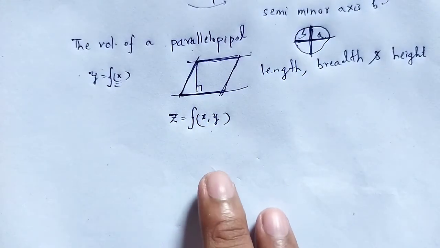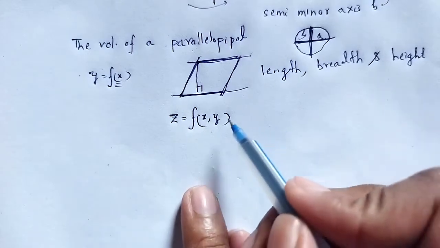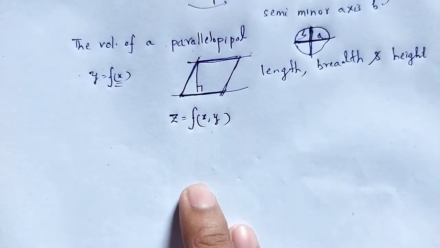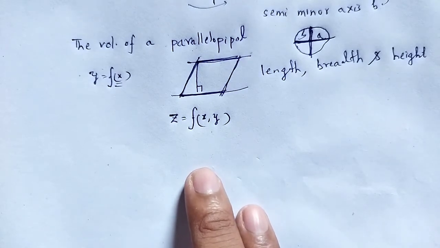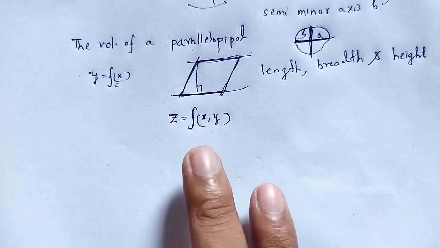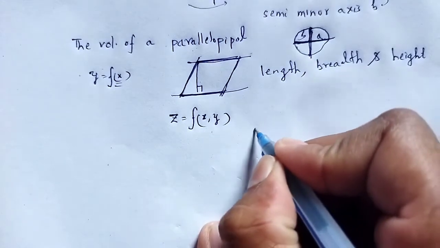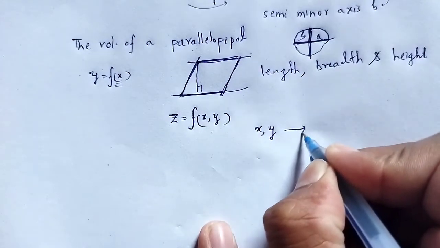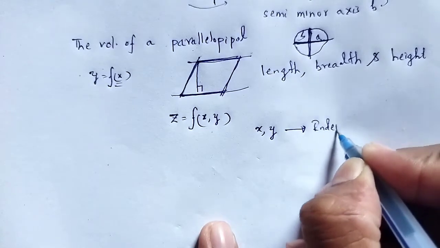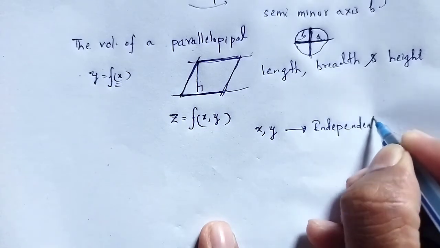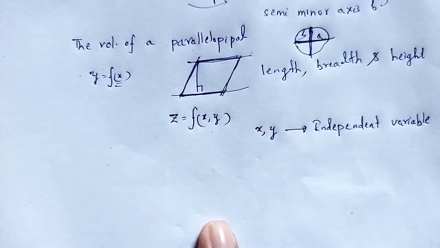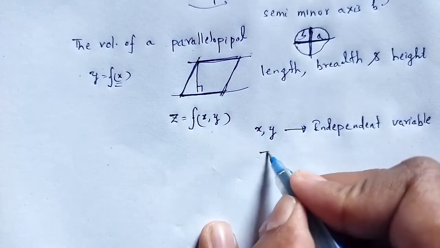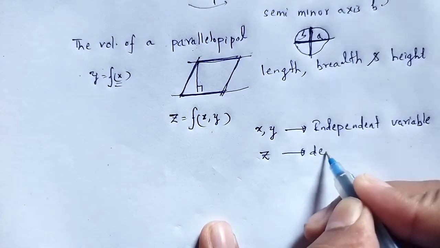Z is a function of two variables, one is x and another one is y, and it can be denoted as z is equal to f of x, y. Here x and y are called independent variables, and z is called the dependent variable.